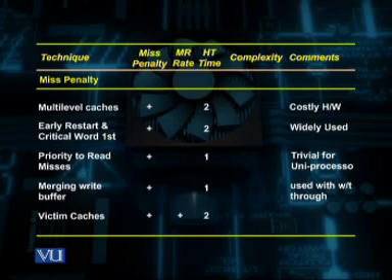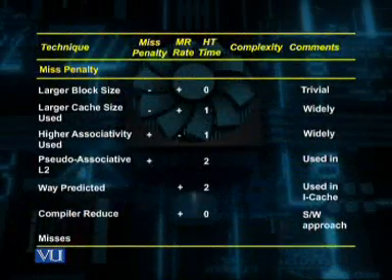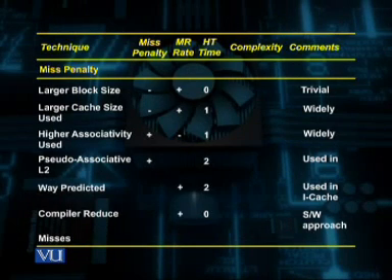Whereas the other 2 techniques used for this purpose are merging the write buffer, which is used with the write through technique, and the victim caches. They have a complexity level of 2. The other 7 techniques which are used to reduce the miss rate include the large block size, which is a very trivial technique and has 0 complexity, the larger cache size, and higher associativity.